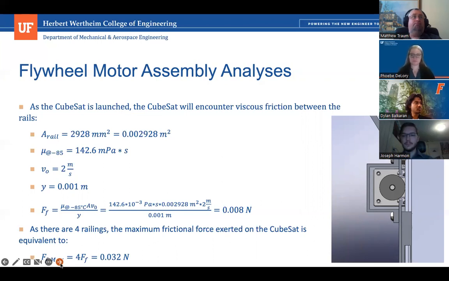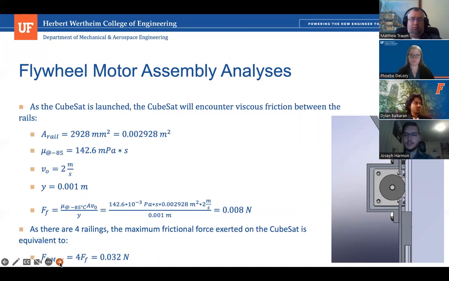And at the colder temperatures we'll be encountering, approximately negative 85 degrees Celsius, it has a dynamic viscosity of 2.6 millipascal seconds. We then take into account the maximum velocity requested by our customer, 2 meters per second, the 1 millimeter or 0.001 meter distance between our rail slots and the T-slots on the CubeSat, and the maximum contact area between our rail and the CubeSat's T-slot of 0.0029 meters squared.